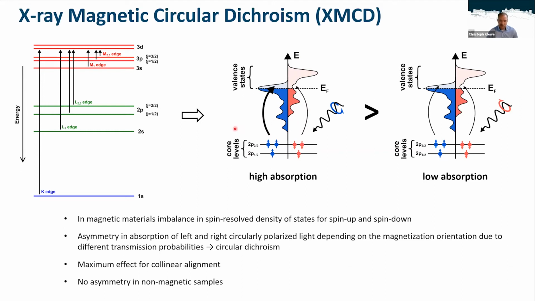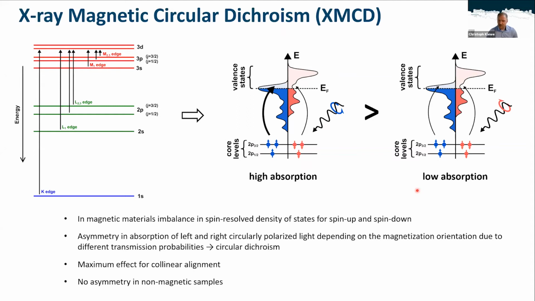And this imbalance leads to an asymmetry in the absorption for left and right circularly polarized X-rays, depending on the orientation of the magnetization, which is shown here. So in this case, we shine in with right circularly polarized light and we get a high absorption. Here we have left circularly polarized light and we get a lower absorption.